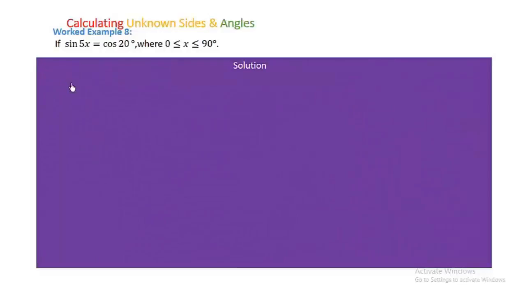So we have sine 5x is equal to cos 20 degrees. Now we can make use of the complementary angles.